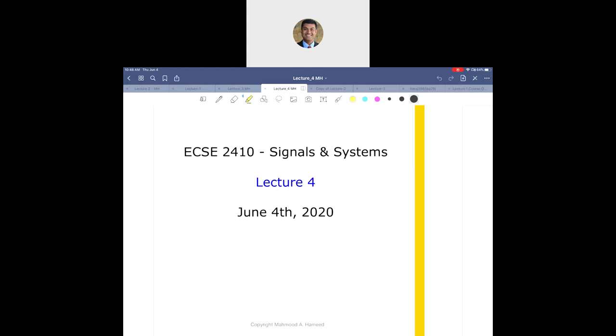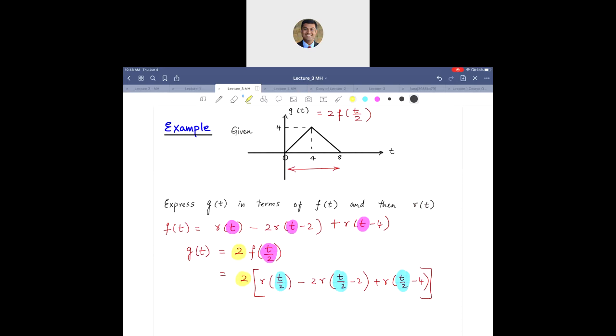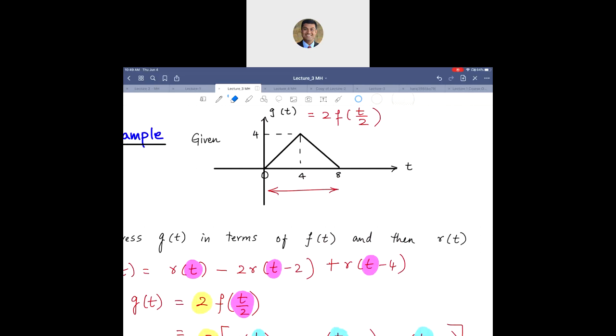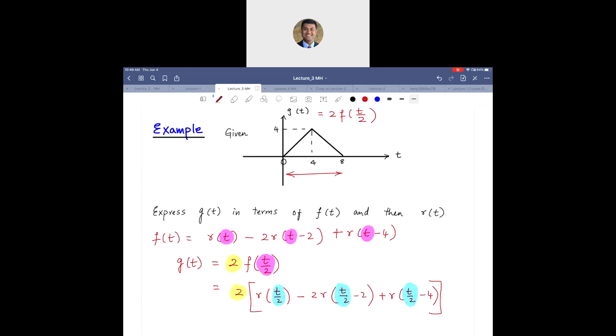All right, before that, there is a question about, let's see. So there seems to be some confusion about g of t. Why is that 2 times f of t divided by 2? Well, if you see this, f of t was that 0, 2, 4 with a height of 2.